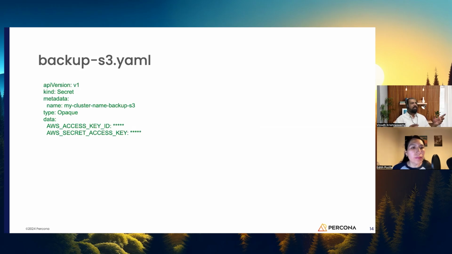So if you want to see the S3 thing, that is the credential mentioning thing, it has to be like this, the backup-s3.yaml. You can see the ID here, the key here. Actually, the extra information here is that there has been a change in the SDK version of AWS. They have upgraded that SDK from 1.0 to 2.0.